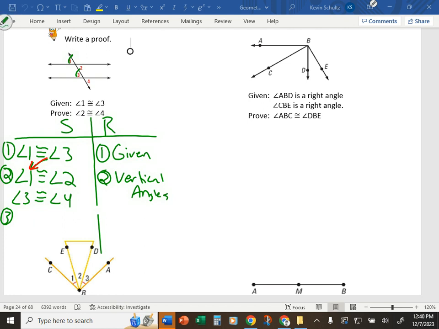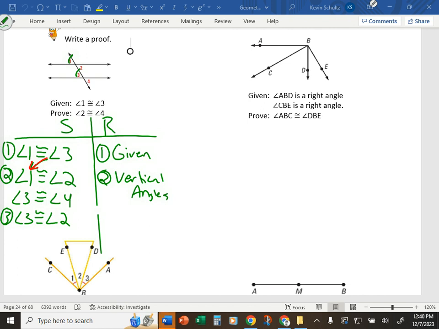We're replacing angle 1 with angle 3, which allows us to write the statement angle 3 is congruent to angle 2. Right? Because if 1 is congruent to 3 and 1 is congruent to 2, we can substitute angle 3 in for angle 1 and state that angle 3 is congruent to angle 2. Okay, we're not done yet.